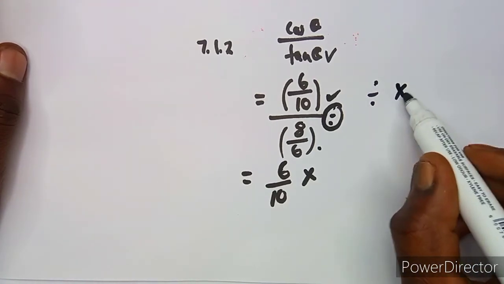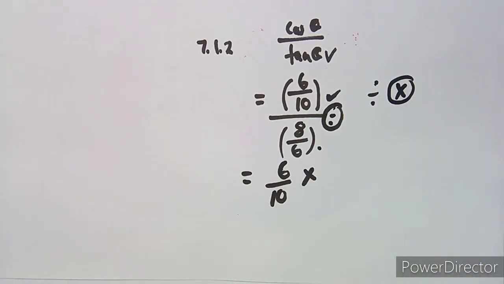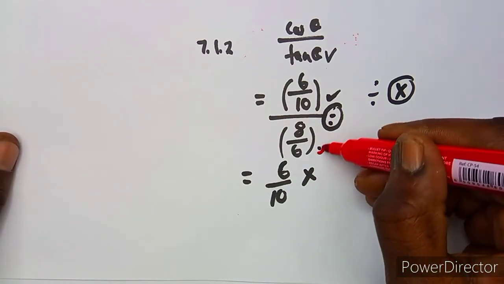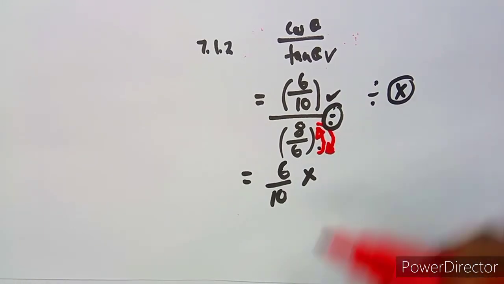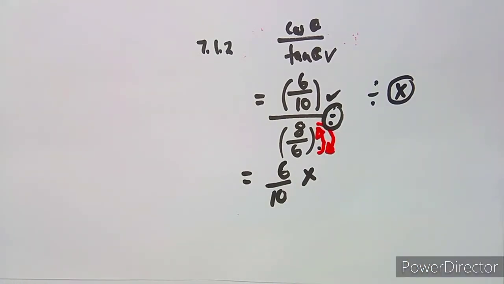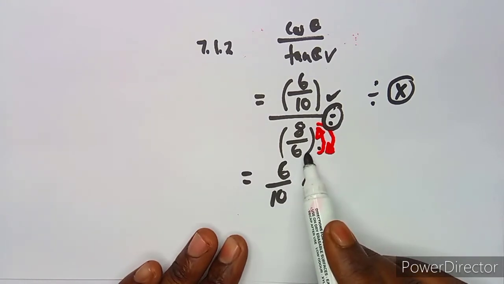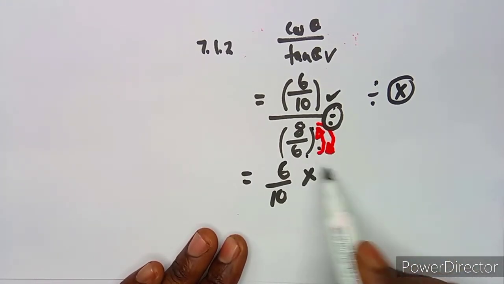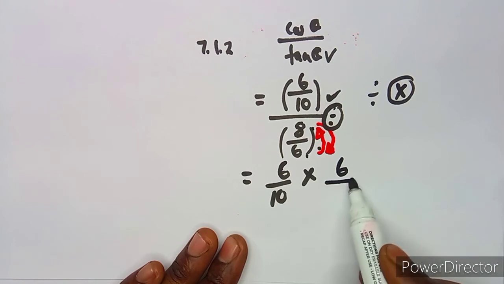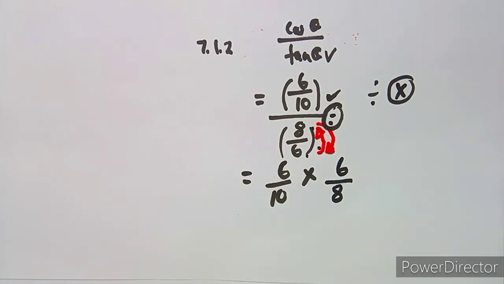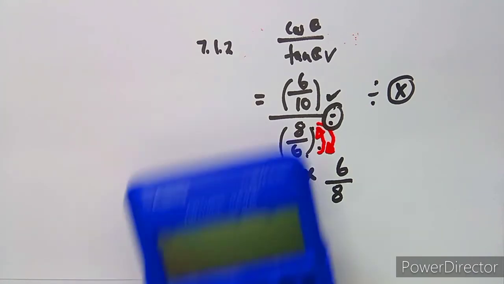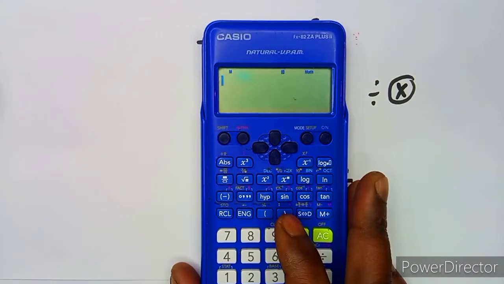But the moment you introduce multiplication, you are going to invert, to interchange the denominator, this one. So which means this will be 6 on top, 8 below. So it will be 6 over 8 like this. So this is what you're going to have at the end, of which now it will be easier for you to use your calculator. I don't know if it is going to be clear here.